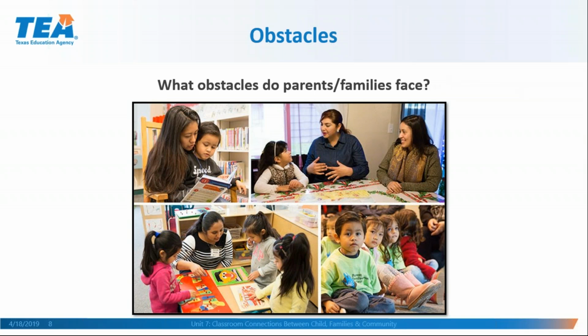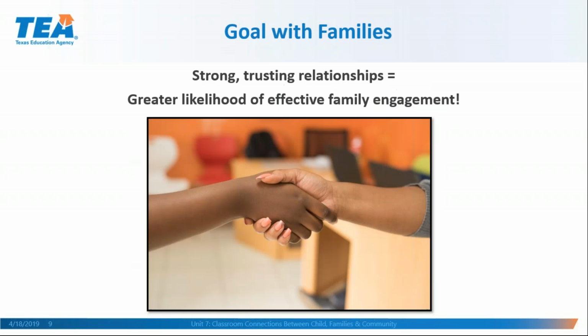So as you can see, we're taking these pretty quickly, but you can see there are a lot of barriers, a lot of obstacles, not only from the parent's perspective, but also from the teacher's perspective. And obviously what we want is a very strong and trusting relationship.